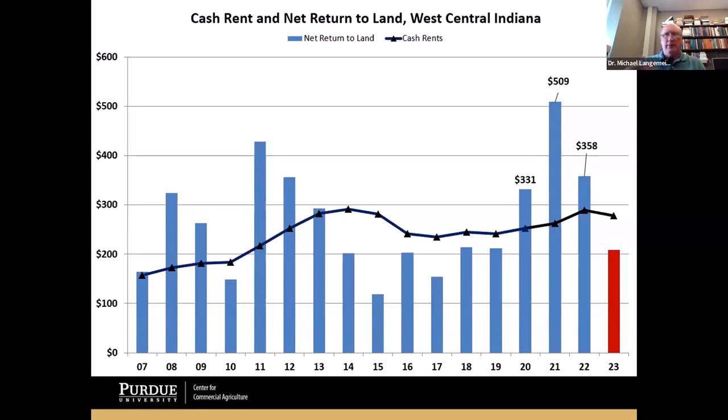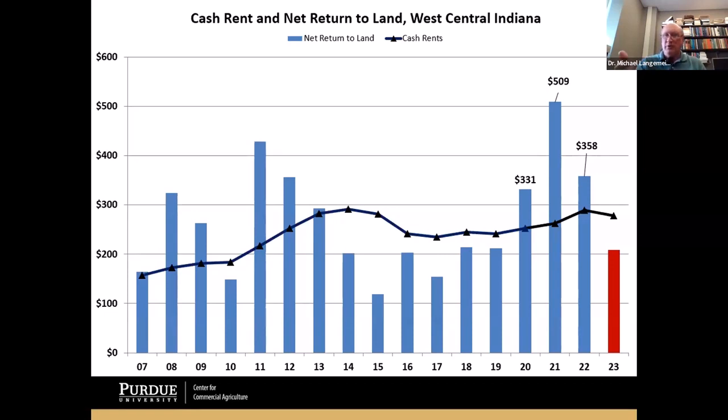So for Indiana, as we start negotiating 24 cash rents, which we're going to start doing in the near future, we're probably looking at cash rents that are stable, given that cash rents in the state of Indiana did increase 2-3%. Stable to maybe some areas where they're down 2-3%, like they were in 23. So some fairly small changes.